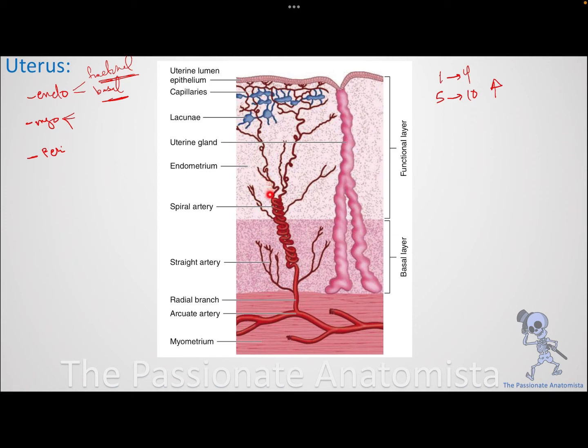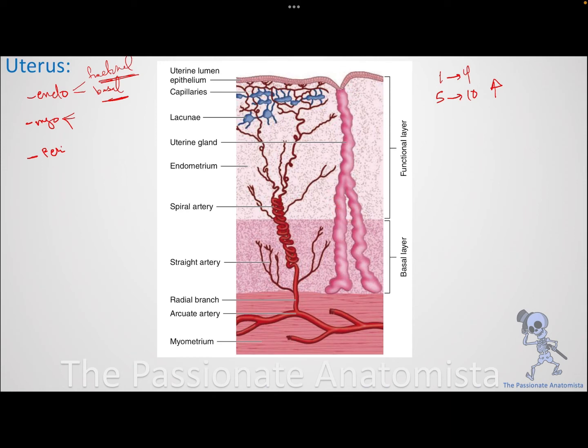Remember, guys, when we talked about the ovary, the whole story starts with the ovary, and once you get the thecal lutein and granulosa lutein cells done, by day 5 to 10, you start to get the estrogen and progesterone, and you start to build up this functional layer, and the uterine glands are going to become more and more.